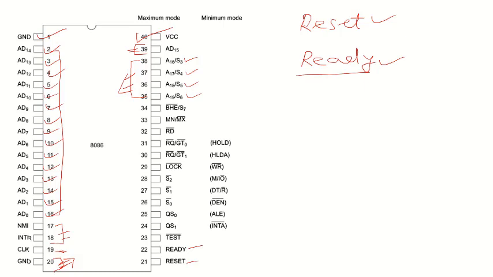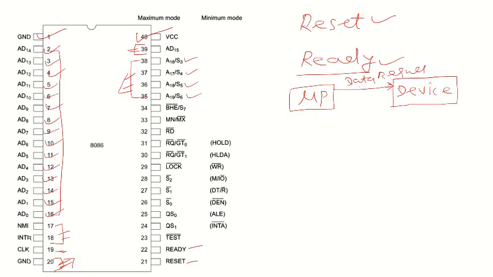Suppose this is the microprocessor, and this is a peripheral device connected to the microprocessor. Whenever the microprocessor wants to access data from this device, it will send a data request.